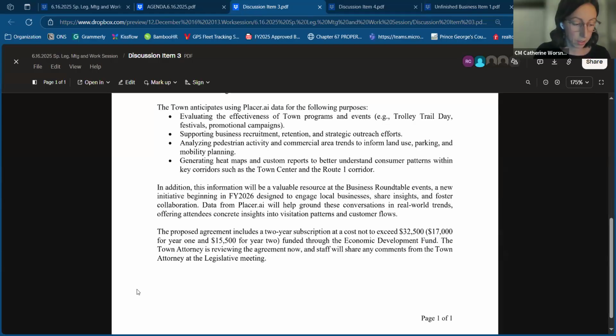But I do think it is a little bit different for the town to pay money for the use of that data, because it puts the town into a certain situation where the data could then be used later, and we would have been supporting that effort with town funds. So future conversations certainly would be interested in seeing some comparison to other options.